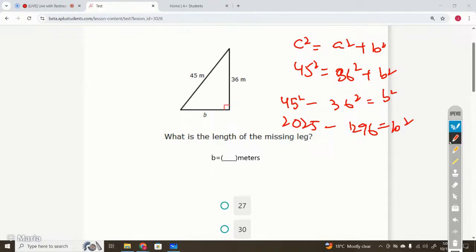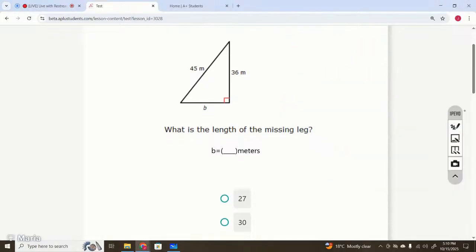So 2025 minus 1296, that is 729. So b equals 27. The correct option is b equals 27. Option number 1 is the correct option.